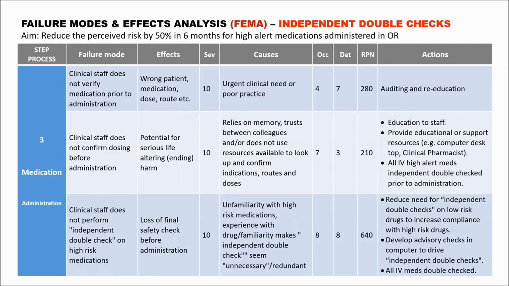This is due to unfamiliarity with high-risk medication, or experience with drug familiarity makes independent double check seem unnecessary or redundant, and the action to be taken is reducing the need for independent double check on the low-risk drugs or increasing compliance with the high-risk ones. Develop an advisory check in the computer to drive independent double checks, and all IV meds double checked.